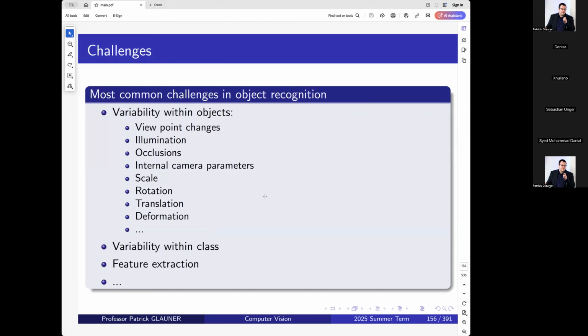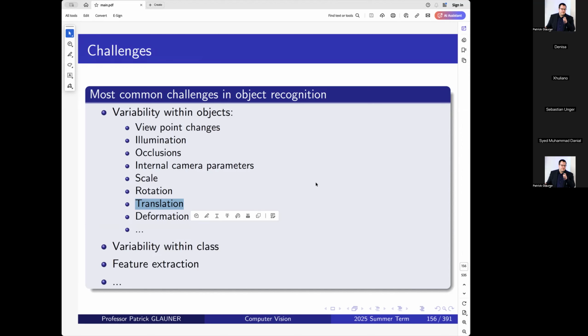Object recognition is overall challenging because there's a lot of variation within our objects. If we have our objects and we put them in different images, one of the simpler variations is translation. Translation means the object is not always in the same spot in the image, not necessarily in the center, but could be shifted to the left or right or up and down.